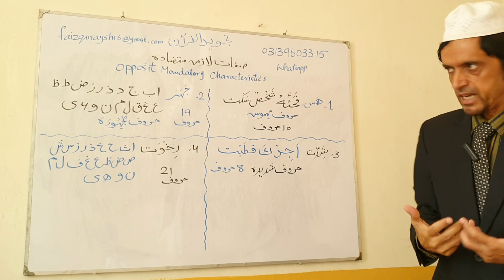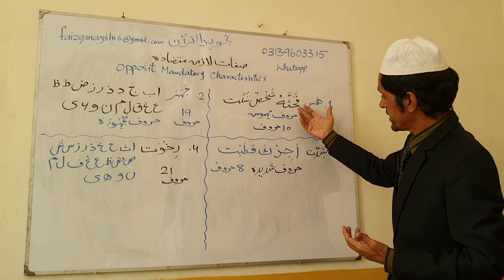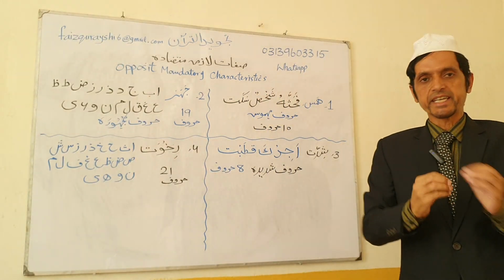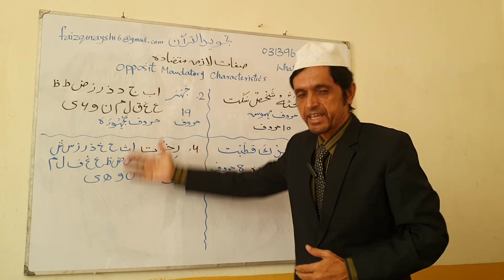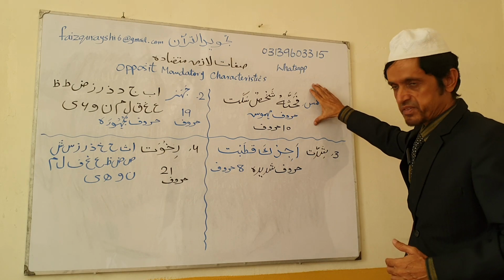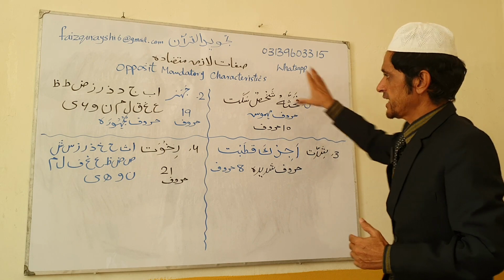I give you this example to make you understand how a letter can come here and how a letter can come here. So these are different characteristics, and you can consider this is one person and this is another person. So you can say this is Haseen, the name of a person, and this is Jamil, the name of a person.